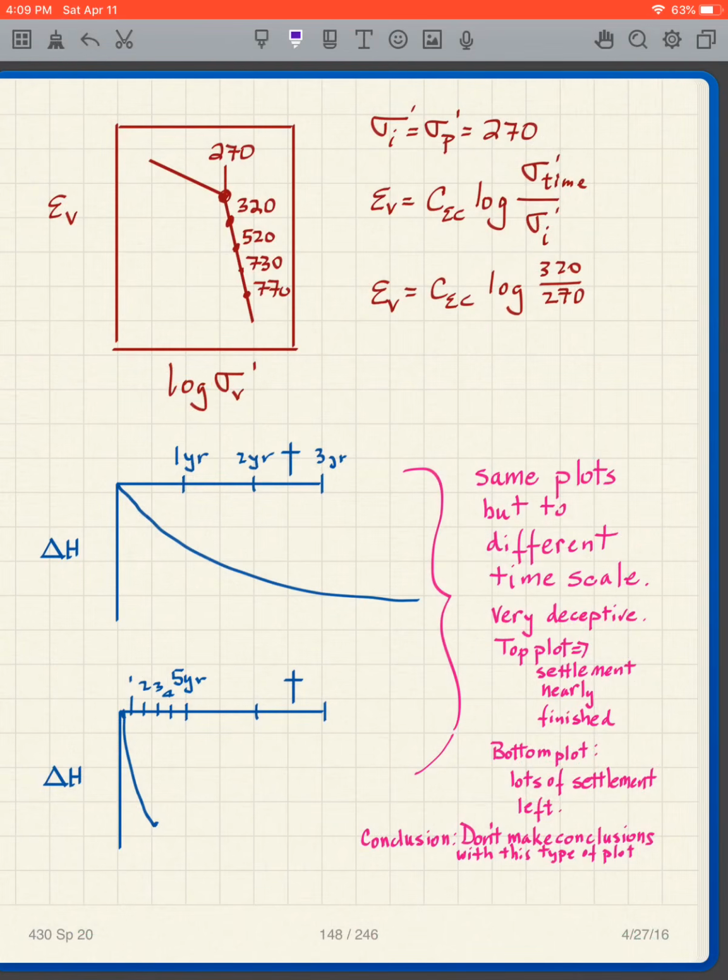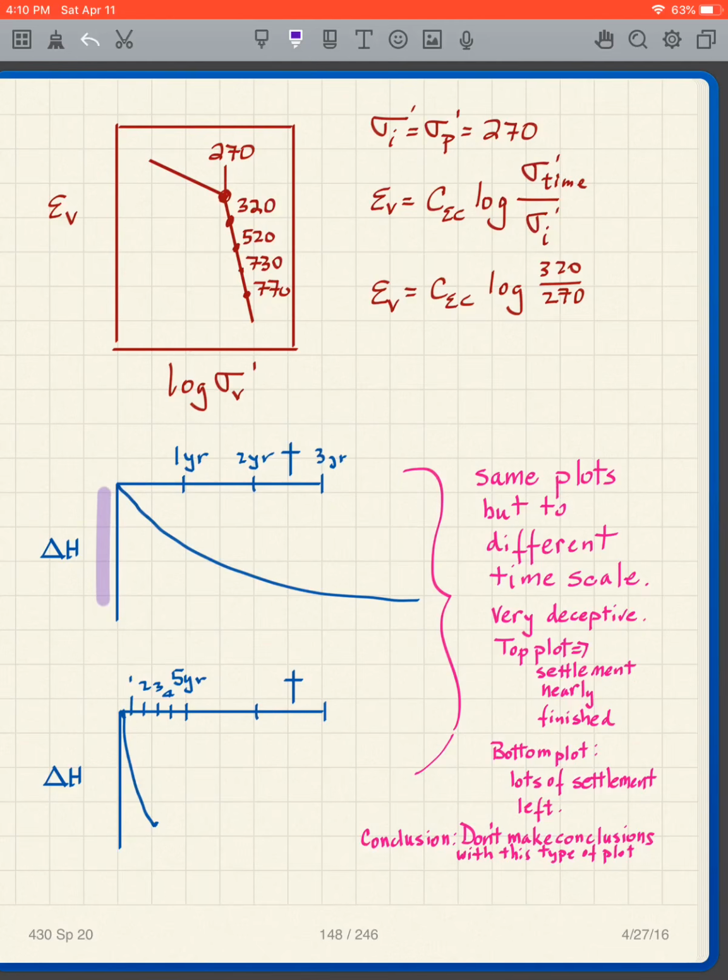All right, so one other comment I want to make about this is that typically we'll make a plot of delta H versus time. And when we do these plots, we always have 0 delta H at the top. That's just the way it's always done.